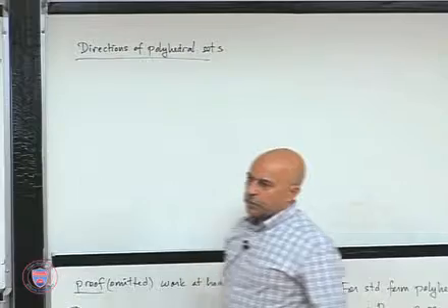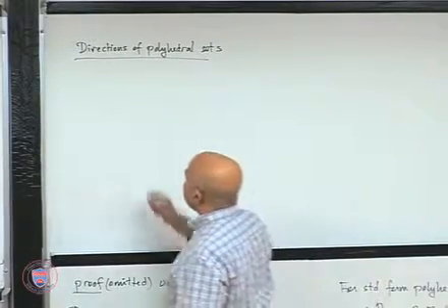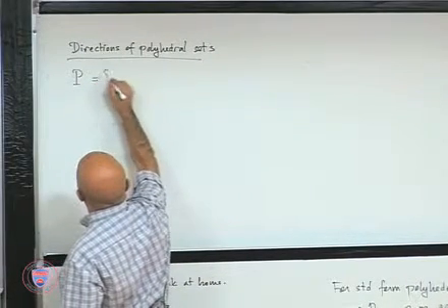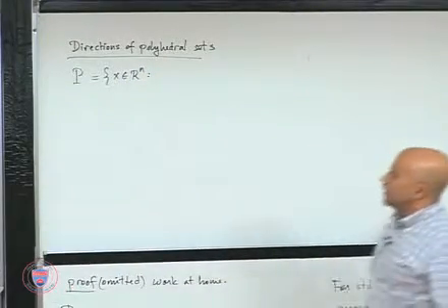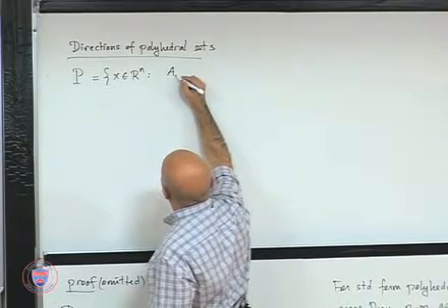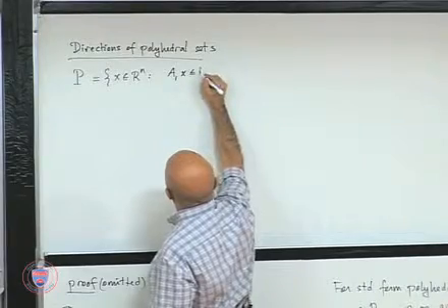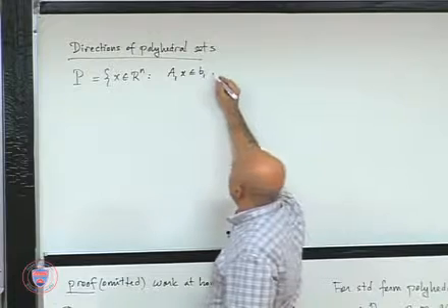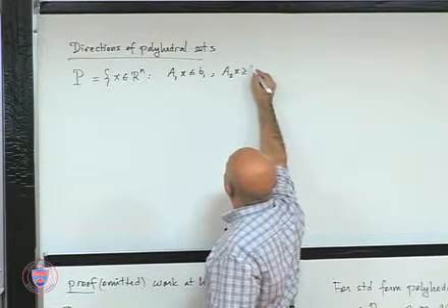So let's look at the special case of polyhedral sets. Suppose you have a polyhedral set defined by the set of points x in Rn, where you've got a matrix A1 times x less than or equal to a vector B1, and then another matrix A2 times x greater than or equal to B2.